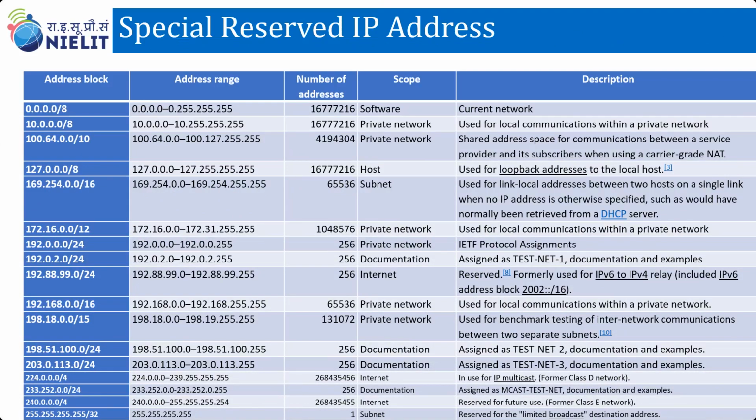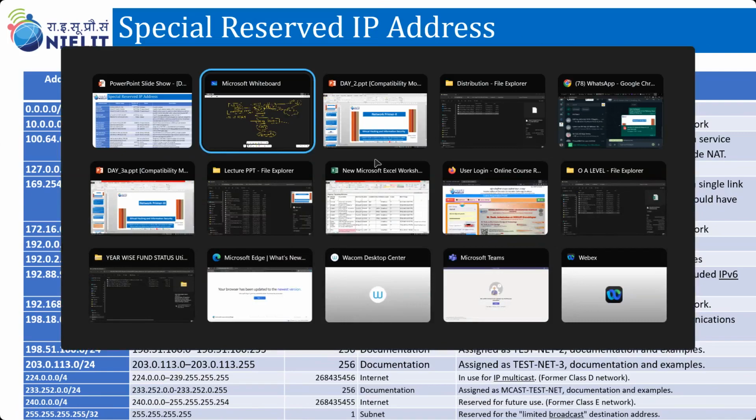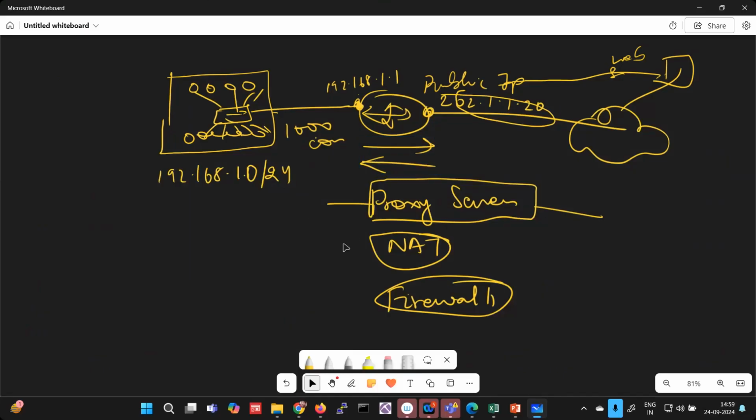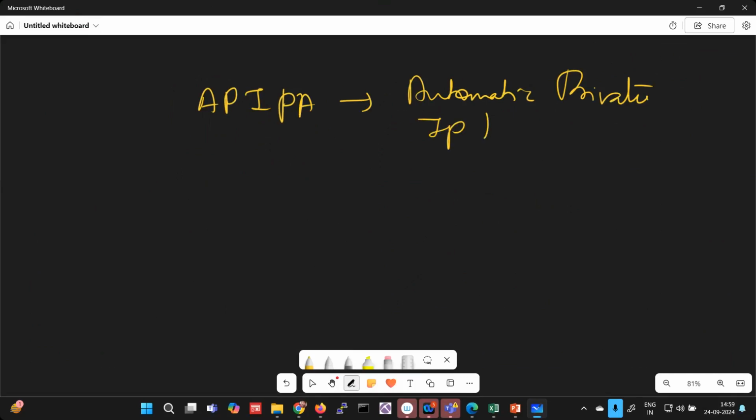In that scenario, your computer will automatically configure itself with a temporary IP address, which is known as APIPA, automatic private IP addressing.